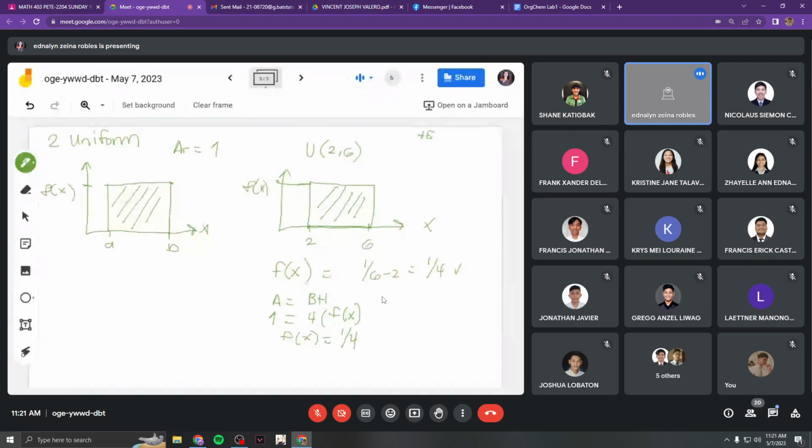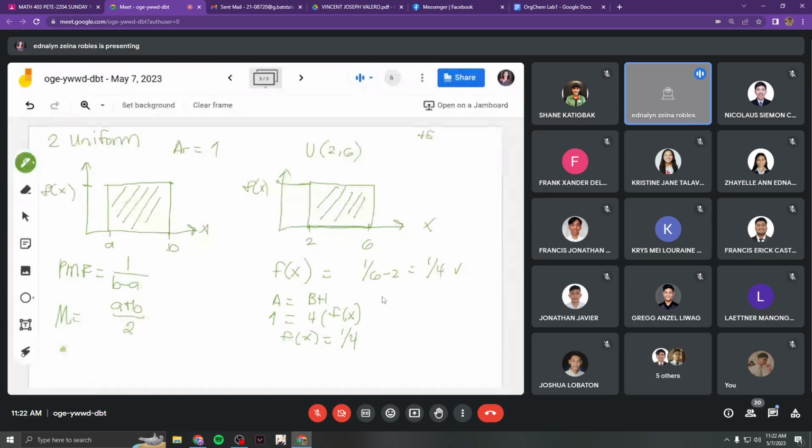But to put this on a formula, PMF, when we deal about a uniform continuous probability, it is equal to 1 over b minus a. And when we want to get the mean or the average, it is equal to a plus b over 2.